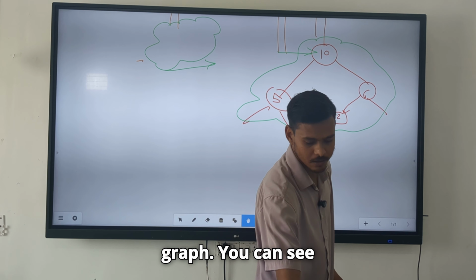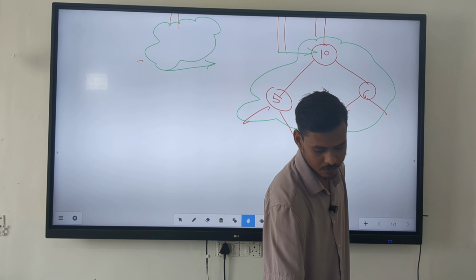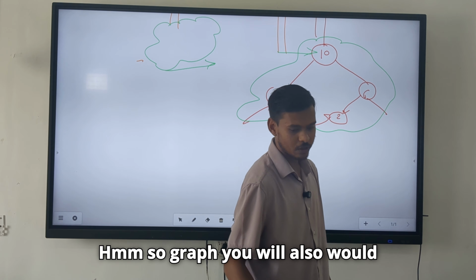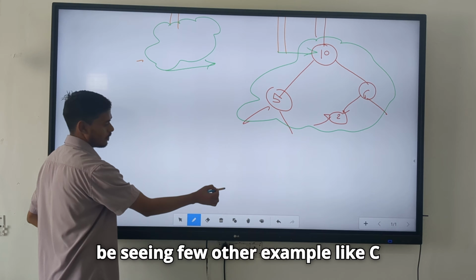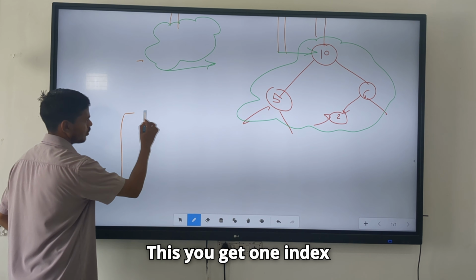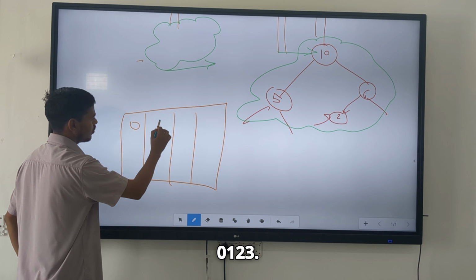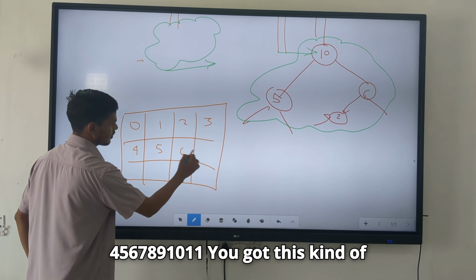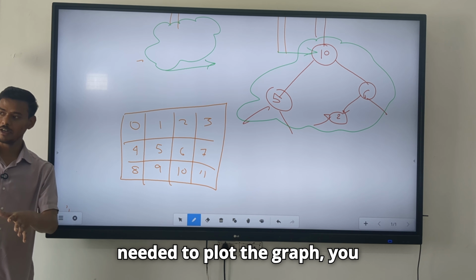You will also see a few other examples. Like, you get one index: 0, 1, 2, 3, 4, 5, 6, 7, 8, 9, 10, 11. You got this kind of index.